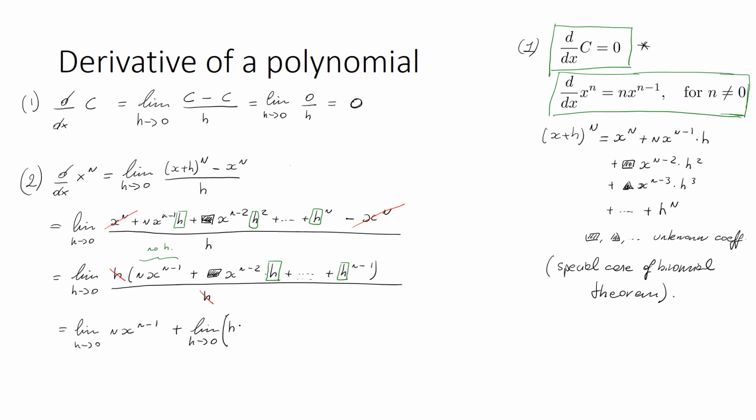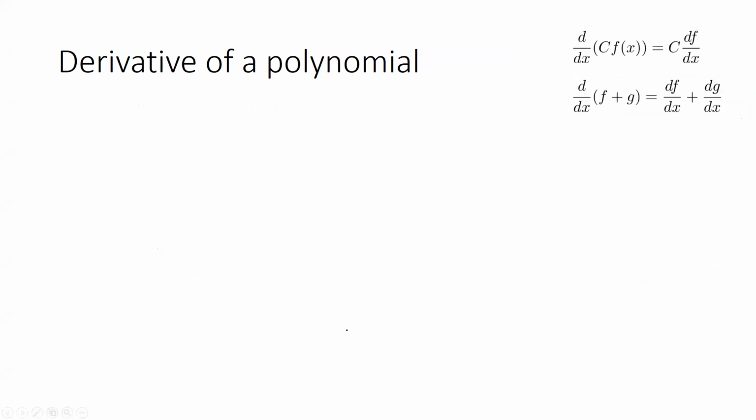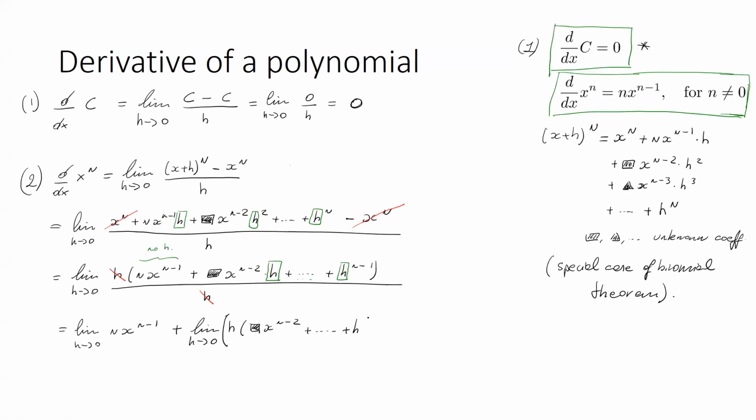So I'm going to write this as h times [square times x^(n-2) plus dot dot dot plus h^(n-2)]. What I've done is taken that highlighted h and factored it out here.